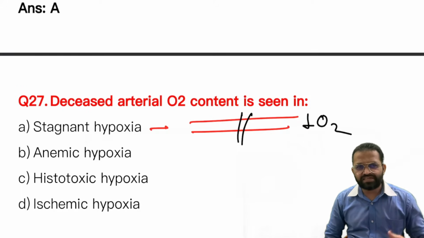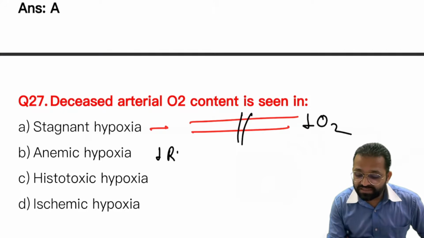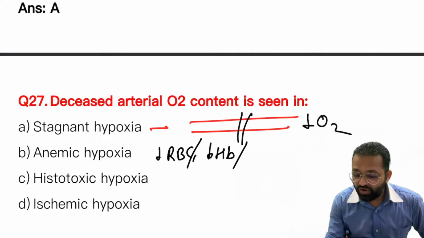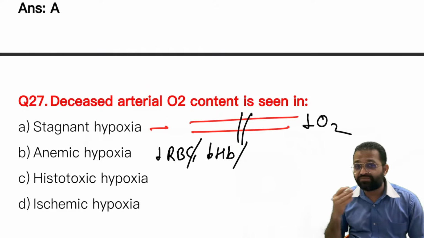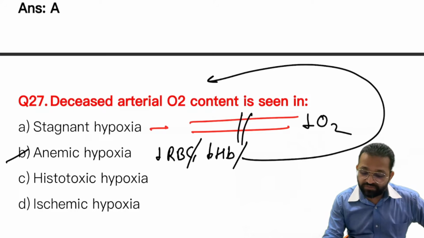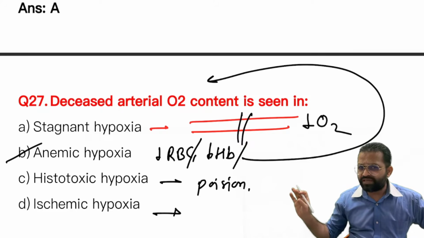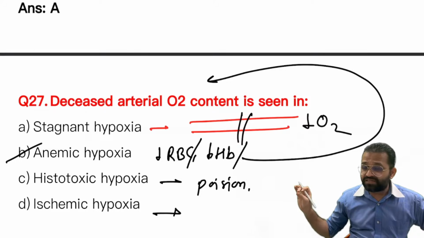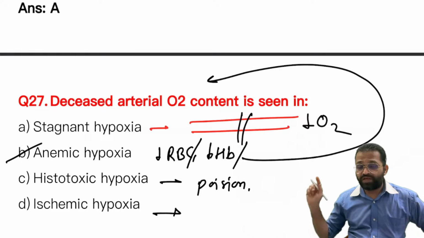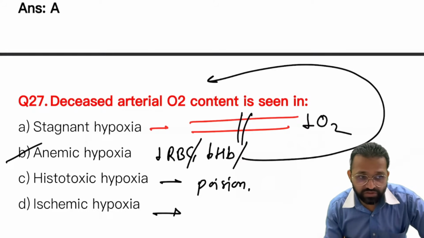That is stagnant. Anemic hypoxia, due to decreased RBC or decreased hemoglobin or both, there is anemia. Then there is decreased arterial oxygen content. So the answer will be B. Histotoxic is due to any poison, and ischemic is due to decreased blood perfusion. So the answer is B, anemic hypoxia. Yes, Ram Swarup, yes, Sagupta Khan, you are right, better.